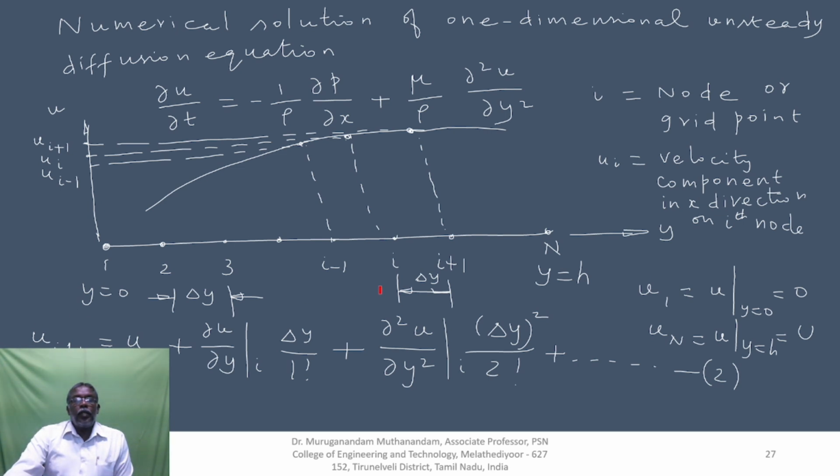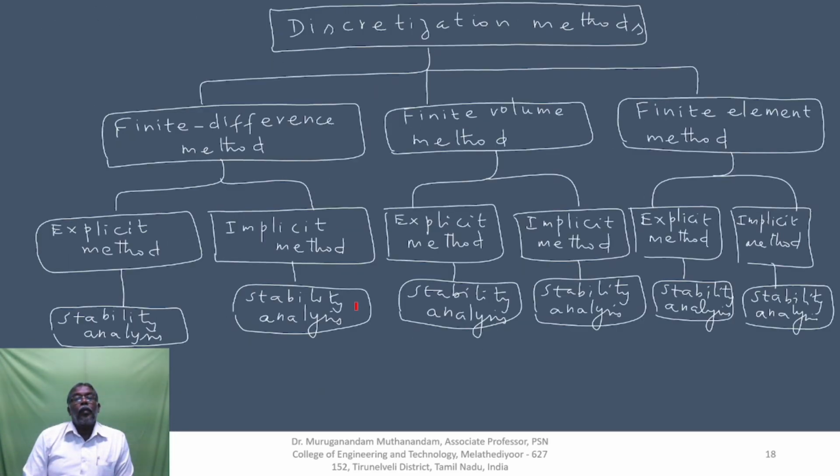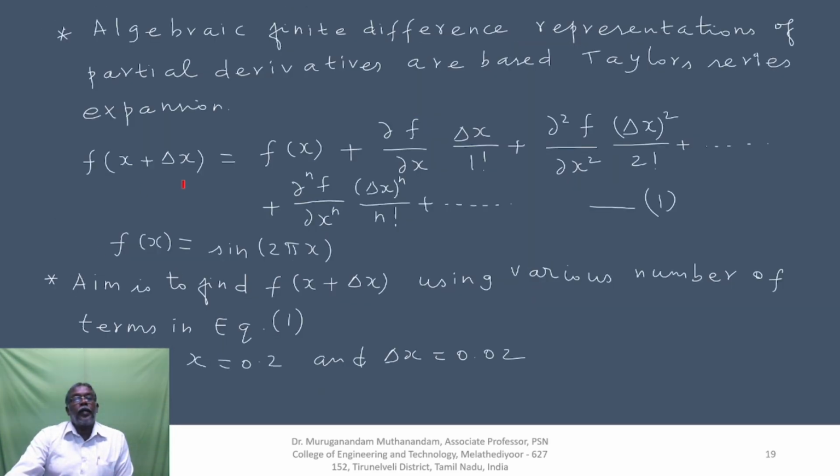Now this Taylor series expansion, which is given as f of x plus delta x is equal to f of x plus partial f upon partial x delta x by 1 factorial plus partial square f upon partial x square delta x square by 2 factorial plus etc. This equation 1 is now rewritten in terms of node values, that is using the i plus 1, i minus 1, using equation 2.